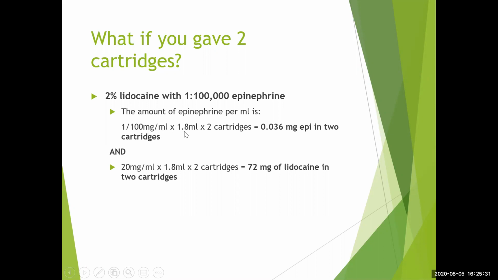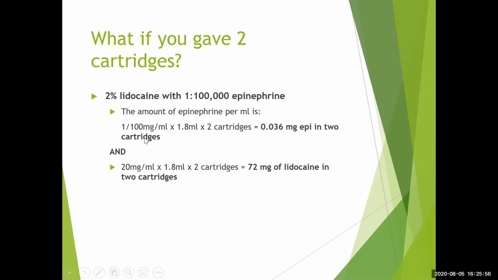We multiply that by the size of the cartridge, 1.8 milliliters. And don't forget, we're given 2 cartridges, so we need to multiply by 2 cartridges. So 1 divided by 100 times 1.8 milliliters times 2 cartridges means that we've given this patient 0.036 milligrams of epinephrine. That's how much we've given them by giving them those 2 cartridges.